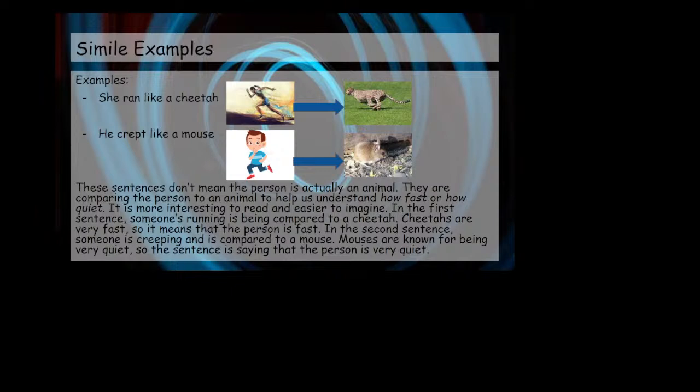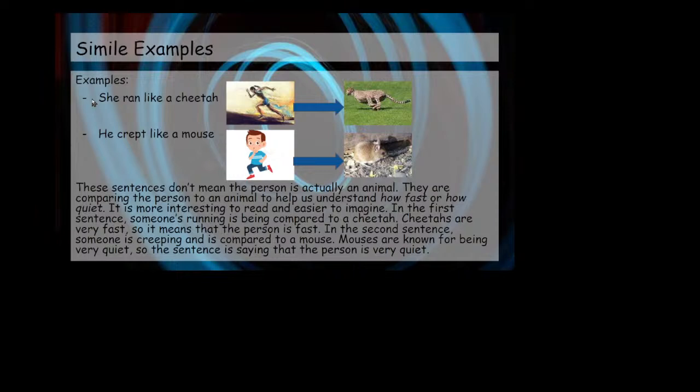In the first sentence, someone running is being compared to a cheetah. Cheetahs are very fast wildcats, so it means that the person is fast. In the second sentence, someone is creeping and they are being compared to a mouse. Mice are known for being very quiet, so the sentence is saying that the person is very quiet. So in this simile, it says she ran like a cheetah.